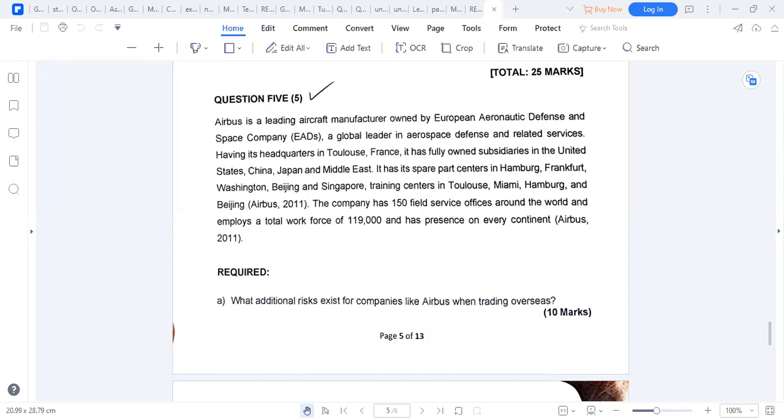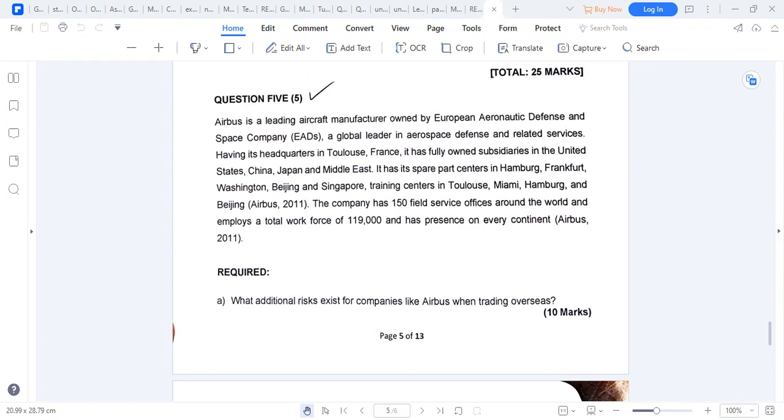So I've mentioned political risk. Can anyone come in on how Airbus may experience political risks? So these questions, he would want you to analyze them from an analytical perspective, please.